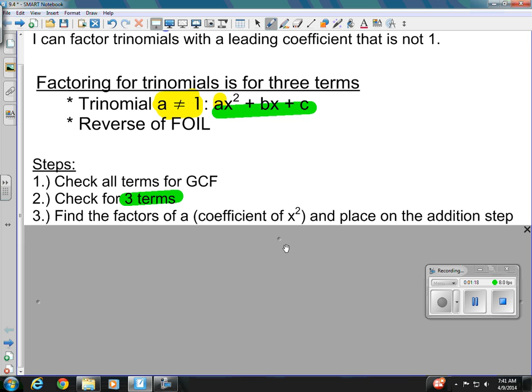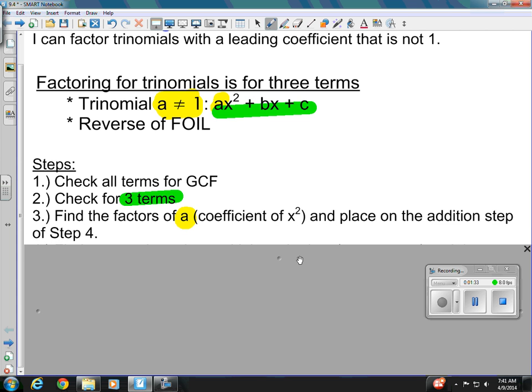Step 3, find the factors of the coefficient of x squared. So find factors of a, which is our coefficient in front of our x squared, and place them on the addition step of step 4.